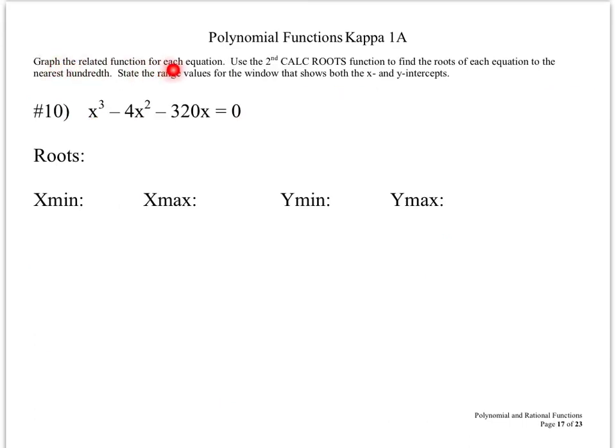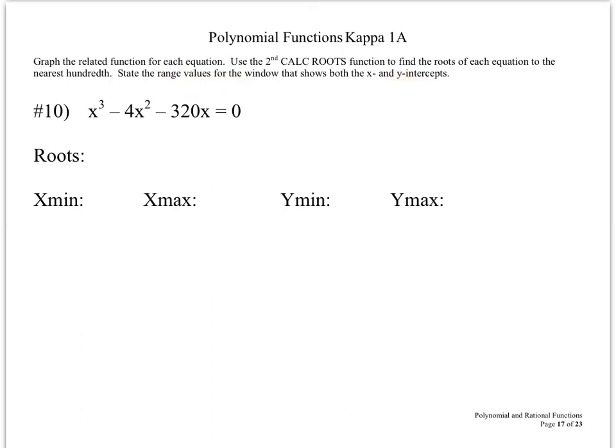Graph the related function of this equation. So in your y1 in your calculator, you type in x cubed minus 4x squared minus 320x. Use the second roots function to find the roots of each equation to the nearest hundredth, that's 2 decimal places. State the range values for the window that shows both the x and y-intercepts.